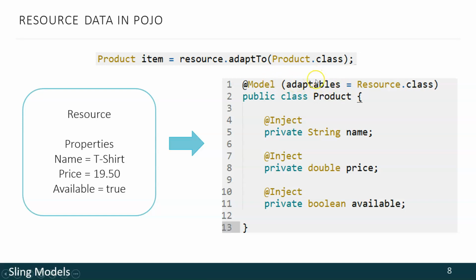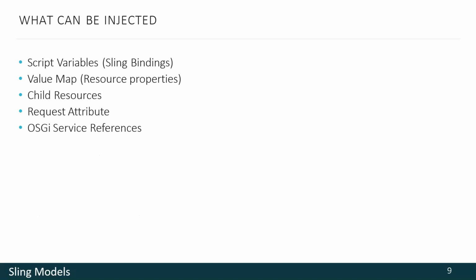It's also possible to adapt from a Sling request. For populating properties of a Sling model, we use the Inject annotation, which is here. What can be injected? Script variables, value map and child resources, request attributes, and OSGi service references.